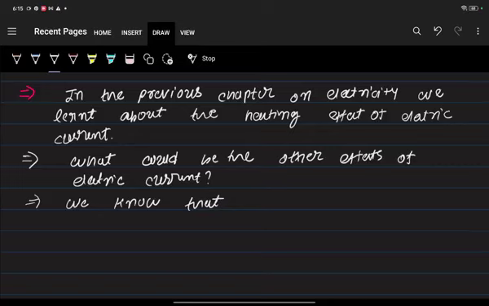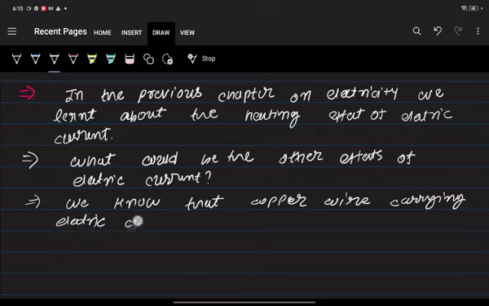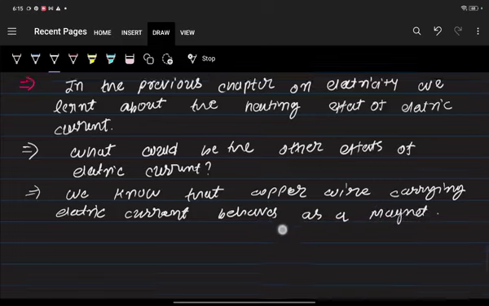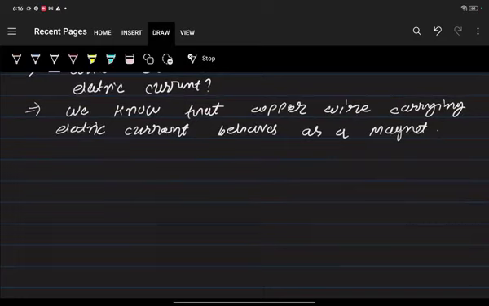A copper wire carrying electric current behaves as a magnet. Okay, what happened? There was one scientist doing some experiments.